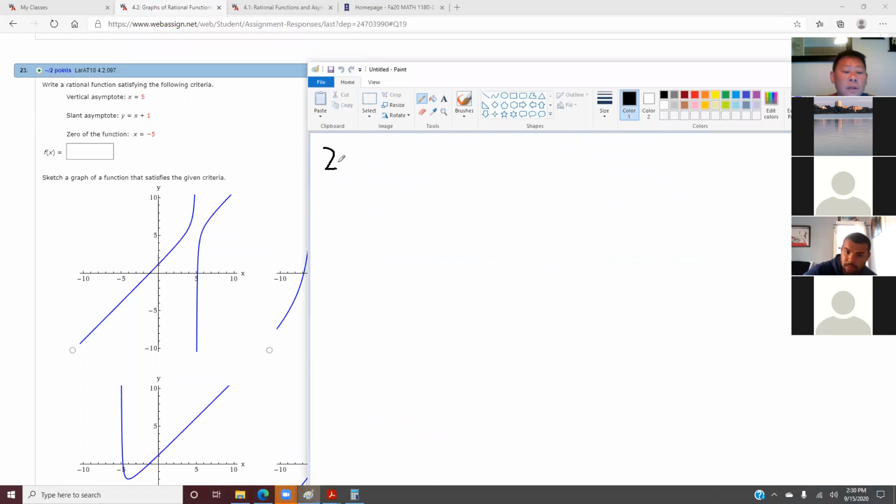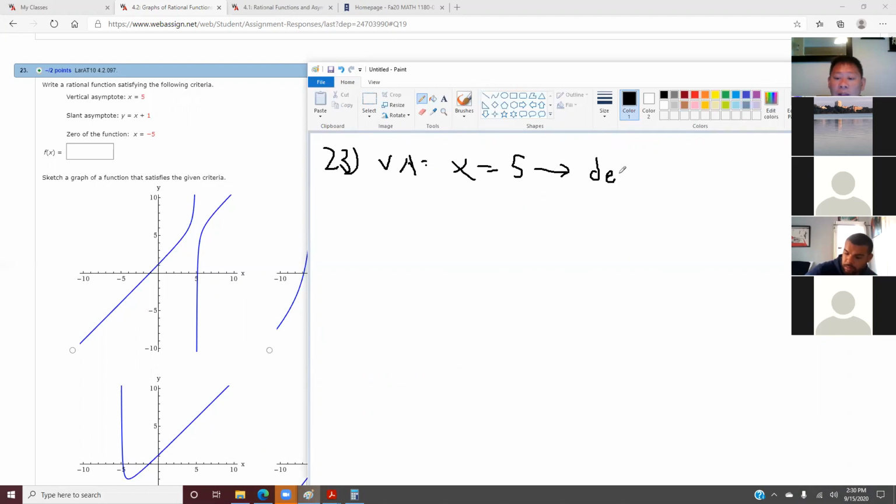All right, for question number 23, it's given us this, and they want you to give me the rational function. So how we do this is we're going backwards now. Last time I gave you the function, and you gave me all the asymptotes and all these things. Now I give you asymptotes, you give me the function. So when you have a vertical asymptote, x equals 5, you have to put this in your denominator.